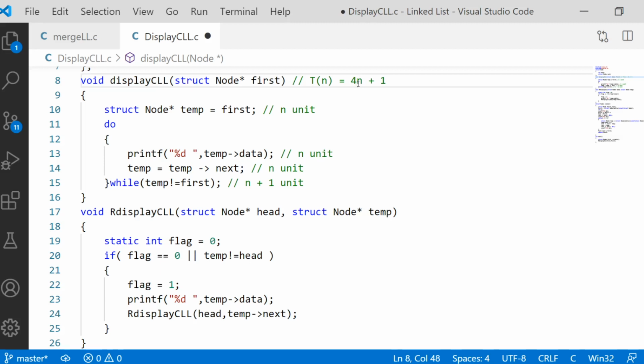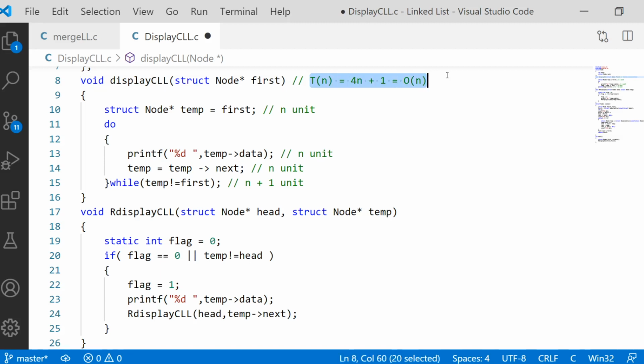So here the time will increase linearly whenever the input is increasing. Input is directly proportional to the unit time consumed. So this can be called order of n, which is similar to the normal display function that we have already discussed in the initial stage of the course.